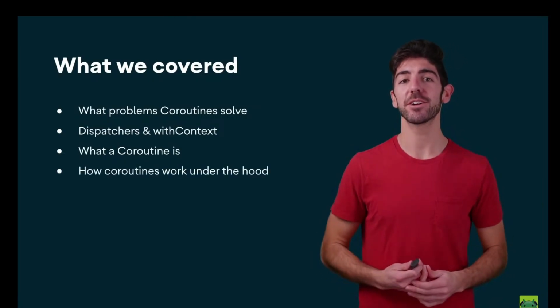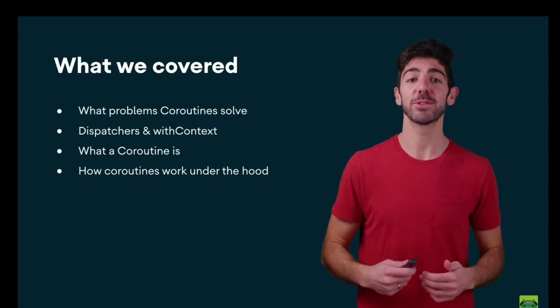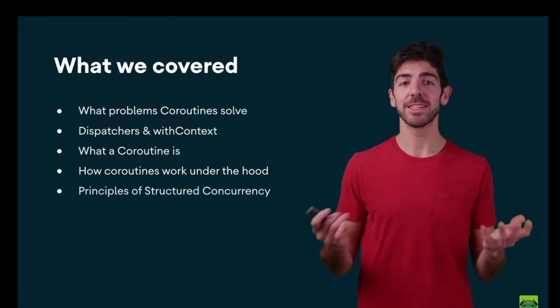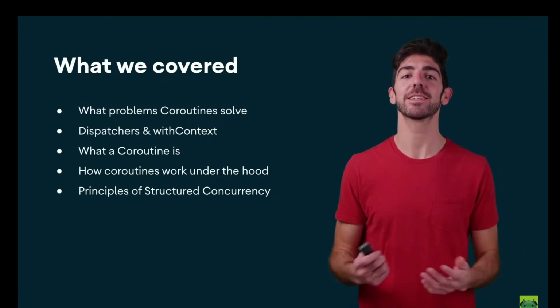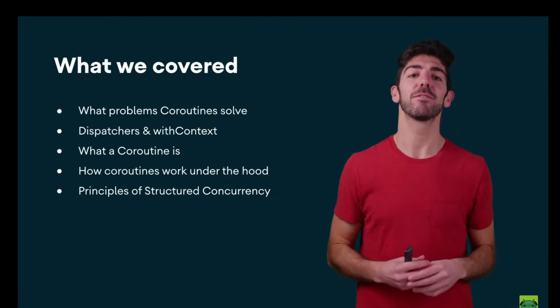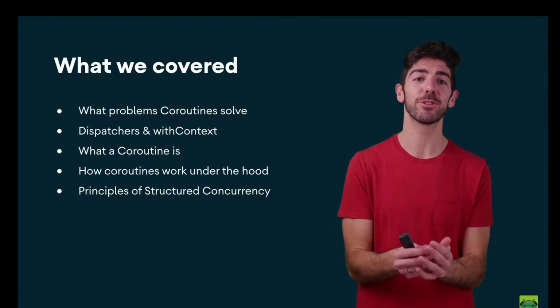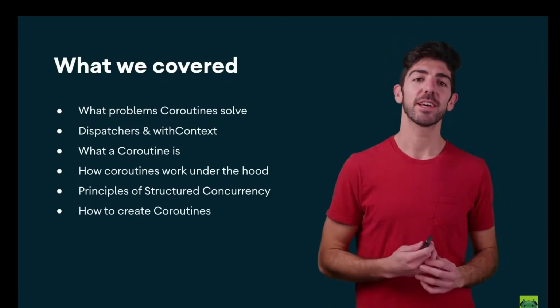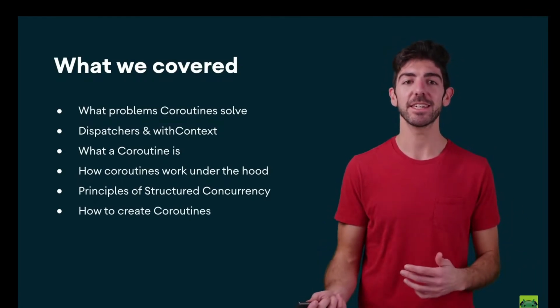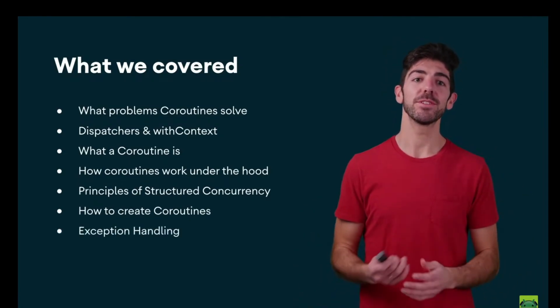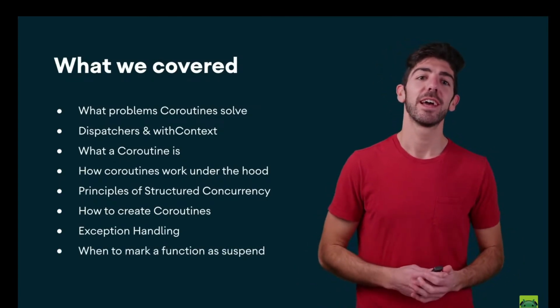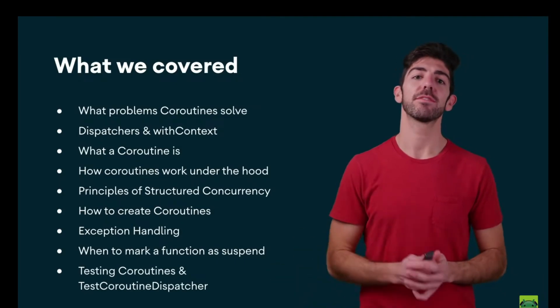The Kotlin compiler will rewrite the suspend functions to use callbacks, the principles of structured concurrency that is going to avoid memory leaks and is going to force you to think of who is going to manage the life cycle of that coroutine whenever you are working with them, how to create coroutines and the differences between launch and async, how to handle exceptions, when to mark a function as a suspend or not, and testing coroutines and the usage of test coroutine dispatcher.